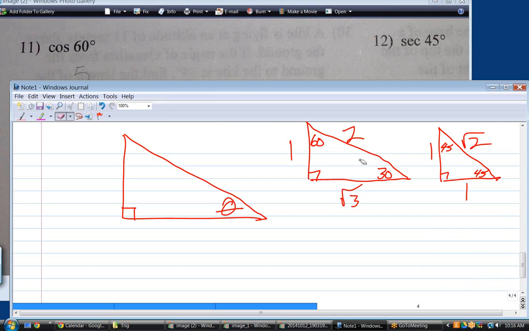Well, in my unit triangles, the side opposite the smallest angle is always 1. But clearly you can remember, these are all relative. It wouldn't matter if I made that 10, made that 20, and put a 10 in front of that. Ratios are all the same, and it's ratios that trig is all about.